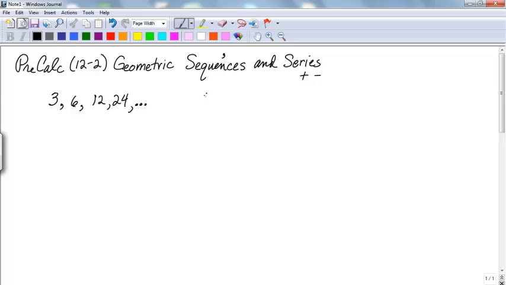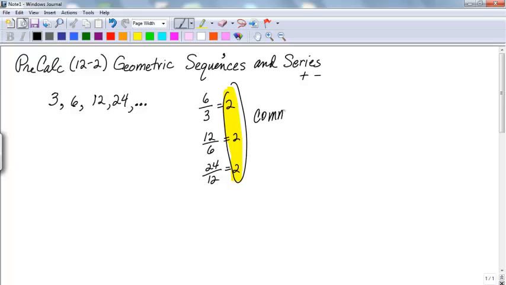If you take the second term divided by the previous term, you get 2. 12 divided by the previous term, 2. 24 divided by 12, you'd get 2. So there's no common difference, but there is what they call a common ratio. 2 would be a common ratio, and they will abbreviate that with just the lowercase r.